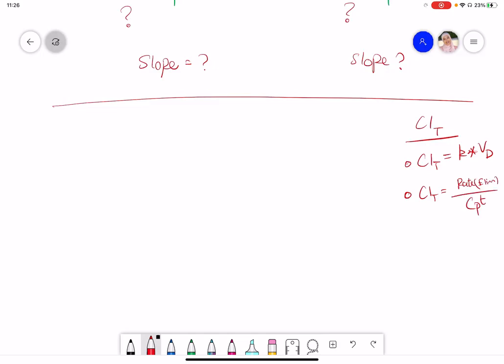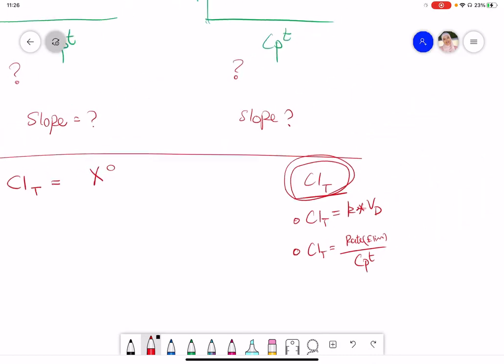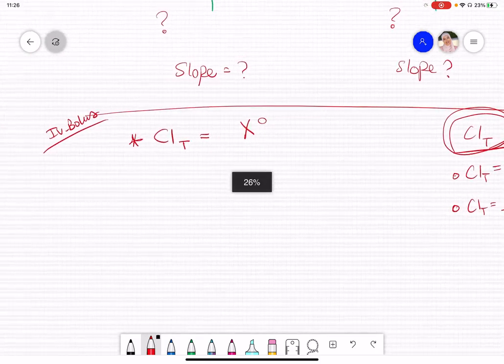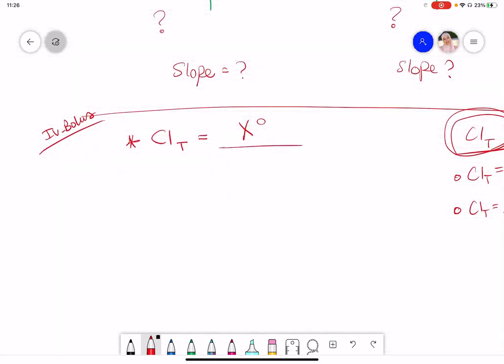There's another way to determine the total clearance: for an IV bolus with first order kinetics, it would be equal to X over the total area under the curve.